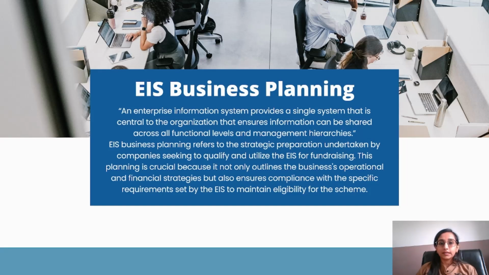By consolidating these functions into a single cohesive system, EIS enables organizations to achieve greater efficiency, improved data accuracy, and enhanced visibility into operations. The planning and implementation of such systems, known as EIS business planning, is a strategic process that aligns an organization's IT infrastructure with its business objectives.